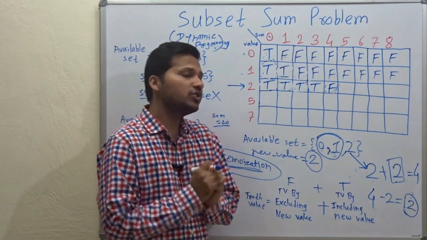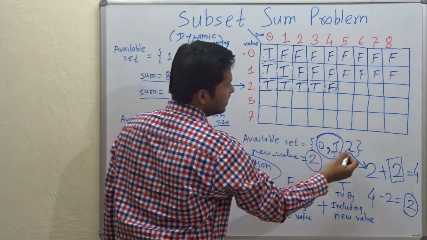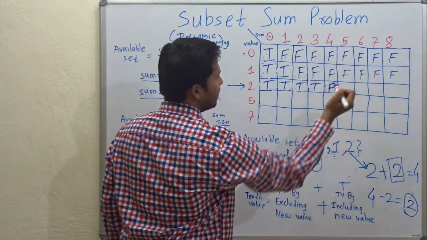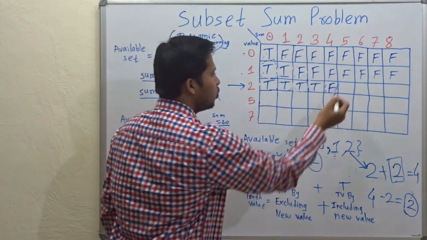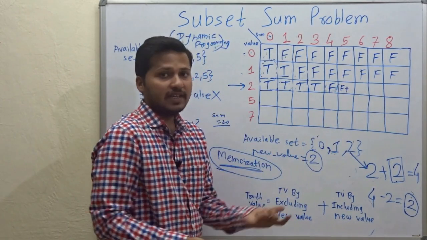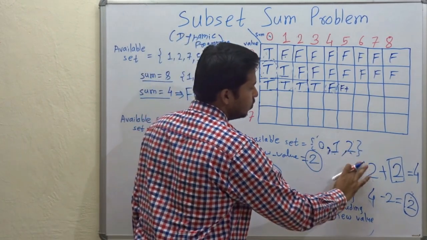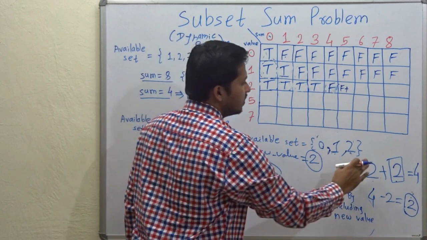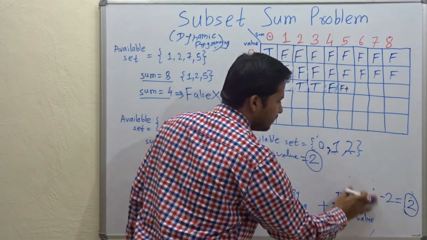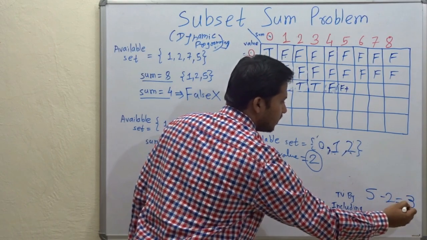Now I am going to tell you the shortcuts for doing these things. By using 0, 1, 2 here, can you form 5? You just have to go to the upper cell, take that value, false, and then by including the new value, just subtract 2 from 5. So 5 minus 2 is 3.